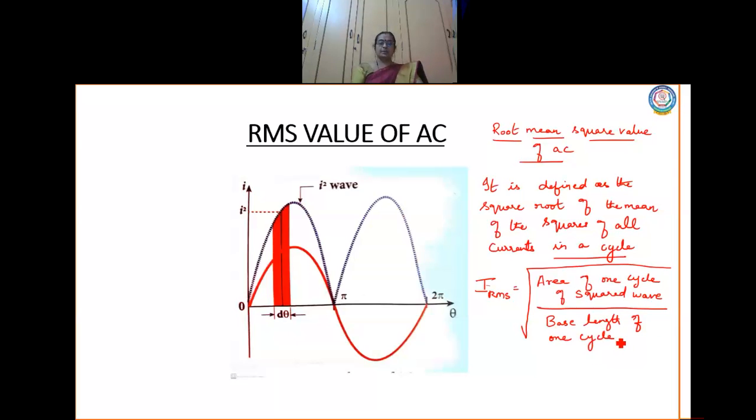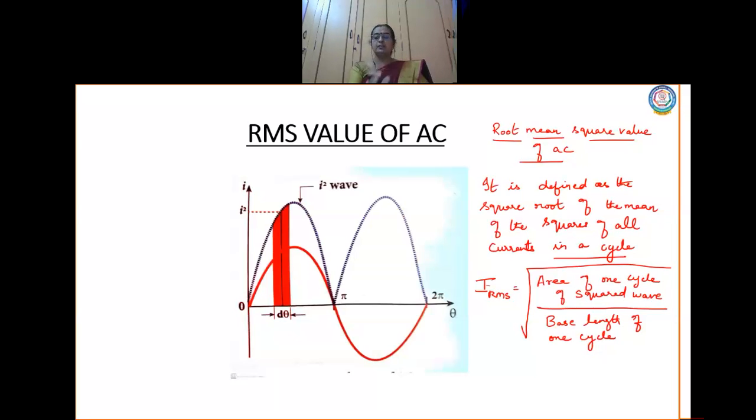So this is the formula to find the value of I RMS. I read the definition once again: it is defined as the square root of the mean of the squares of all currents over one full cycle. It is represented as I RMS.